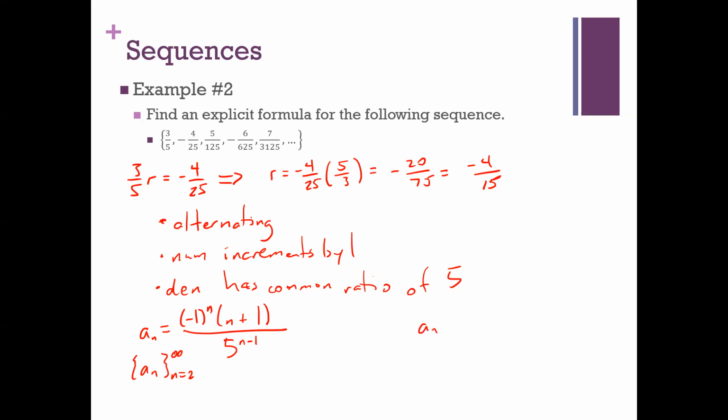Let's talk about them both. So a sub n equals negative 1 to the n times n plus 2 over 5 to the n. Yeah, negative 1 squared is positive, right?